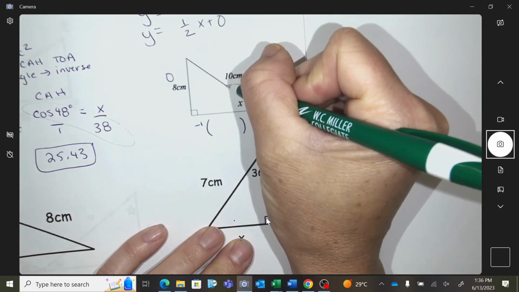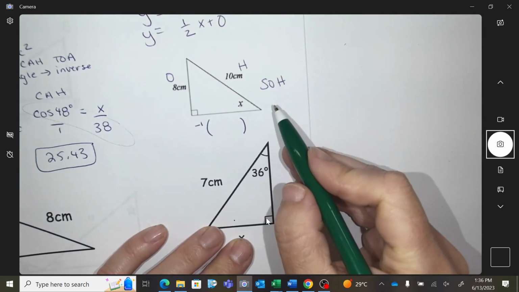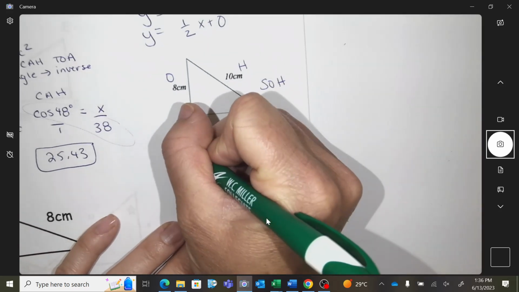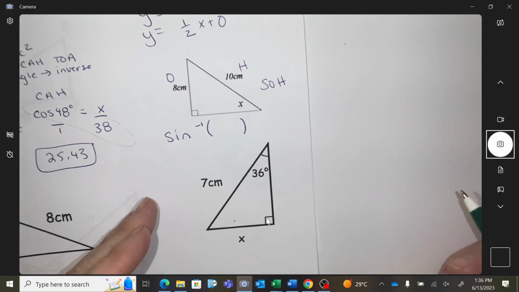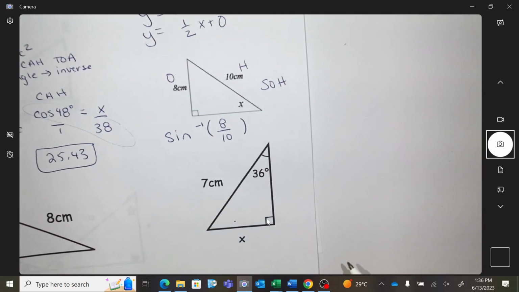O, and this is H. So we're working in the sine function. So we are going to be sine inversing, because this is an angle. What fraction? 8 divided by 10. Sine inverse, and you should put that in brackets.